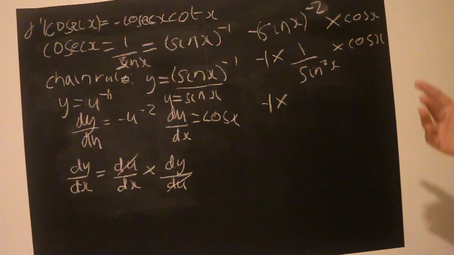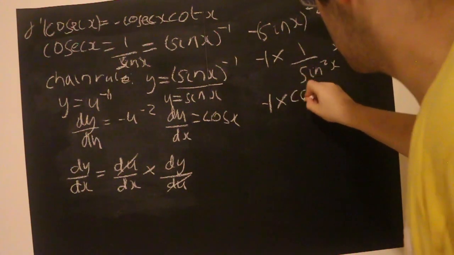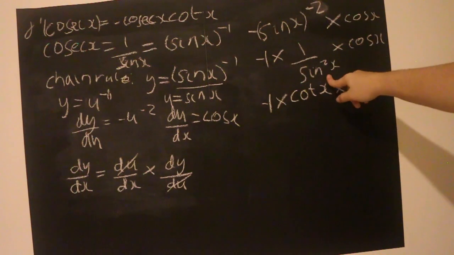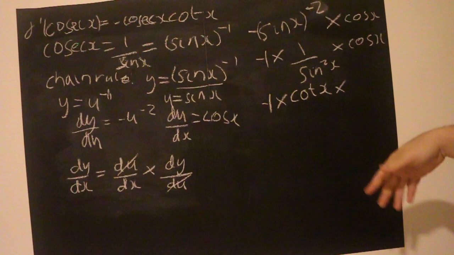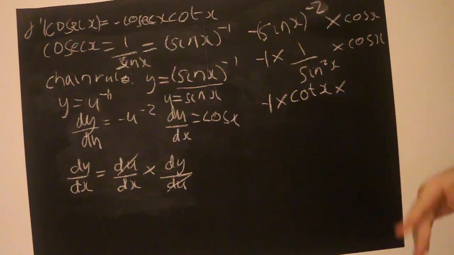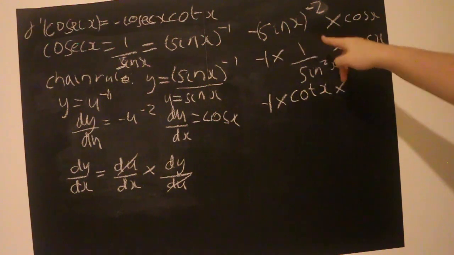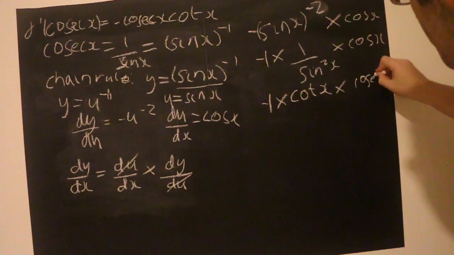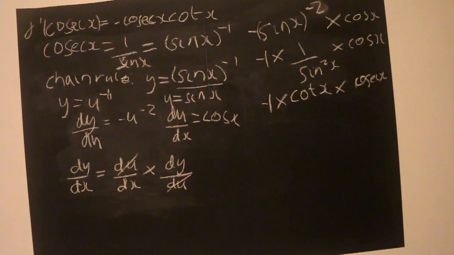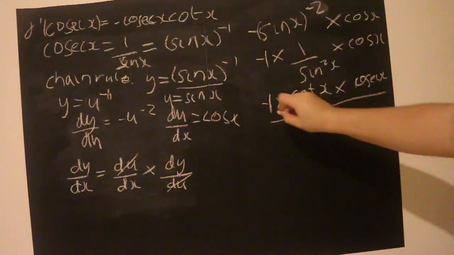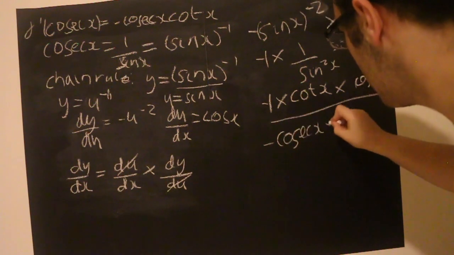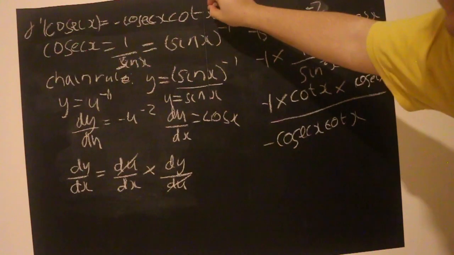And we know that cos x over sine x is cot x. But then, we're left with 1 over sine x, because we used the second sine x for cot x. Cos x over one of the sine x's gives you cot x. So you're left with 1 over sine x as your remainder. And that is cosec x. We know that 1 over sine x is cosec x. So if you bring all this together, you are left with minus cosec x cot x, which is what we have over there.